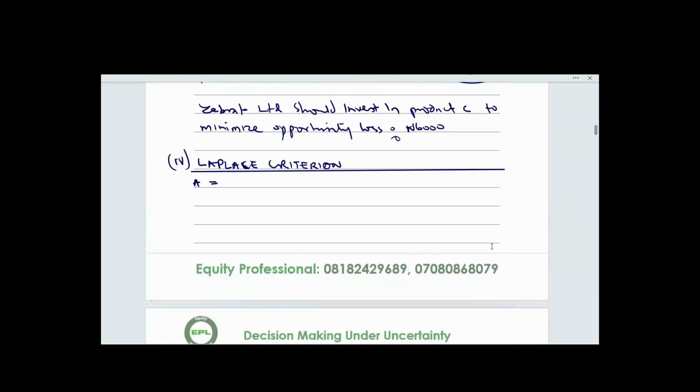So I would then say 8,000 multiplied by 1/3, plus, let me give a space. A equal to 8,000 multiplied by 1/3 plus minus 1,000 multiplied by 1/3.